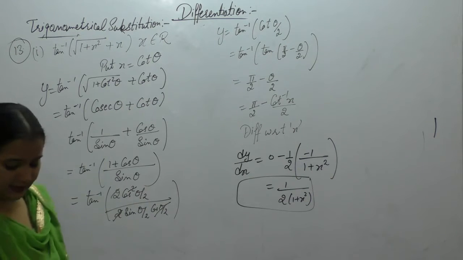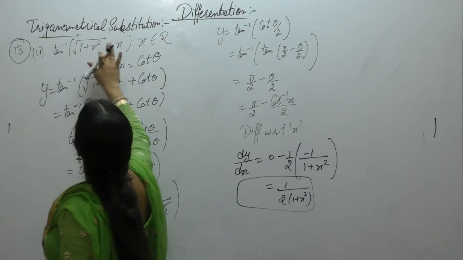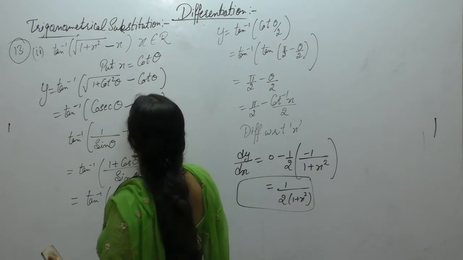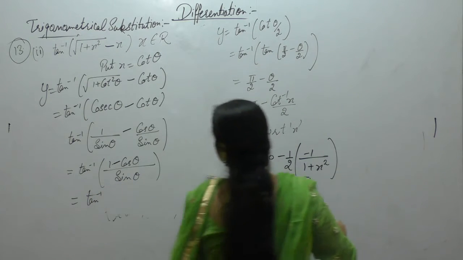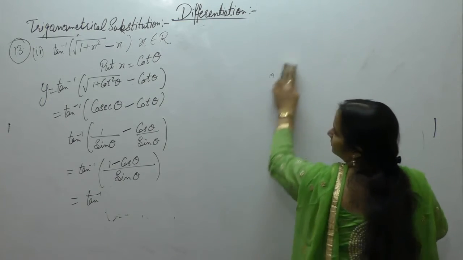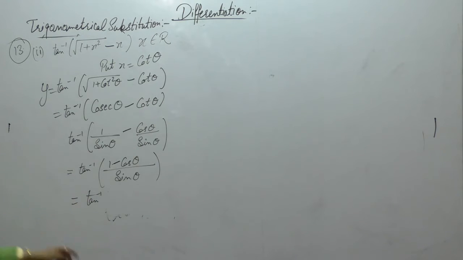Now the next one is tan inverse, second part, square root of 1 plus x square minus x, and x belongs to R. So we get this term, 1 minus cos theta upon sin theta.